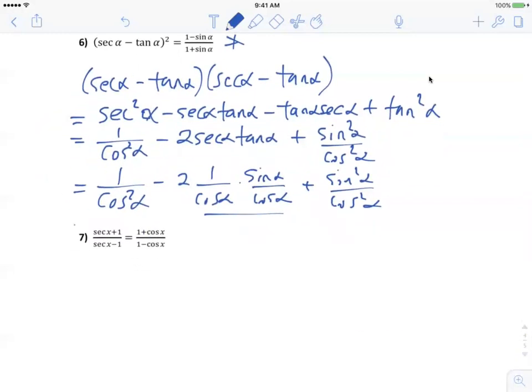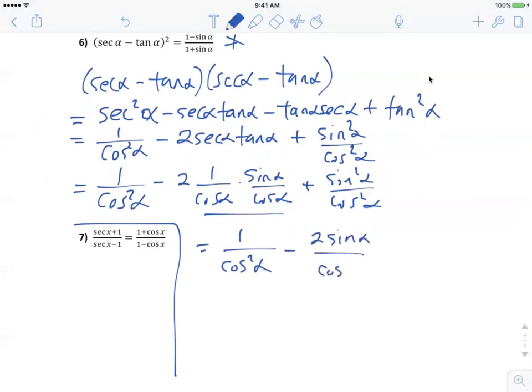Sorry, I'm going to invade the space of this one for a little while. So this is going to be 1 over cosine squared minus 2 sine alpha over cosine squared right there, plus sine squared over cosine squared.